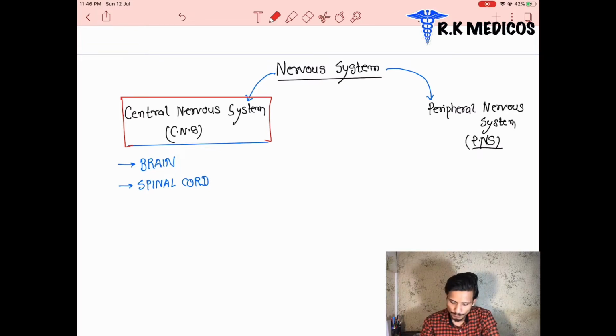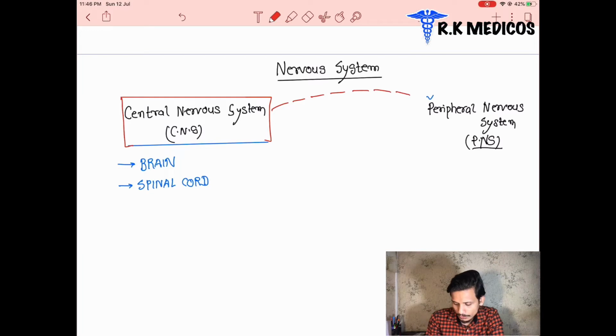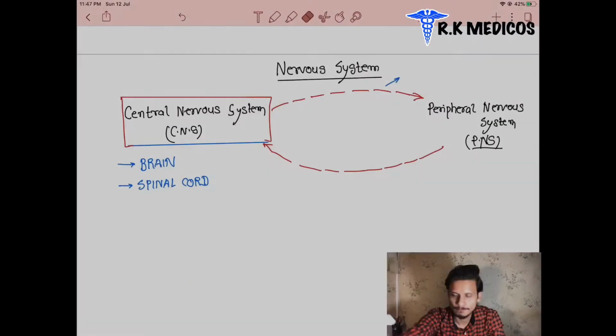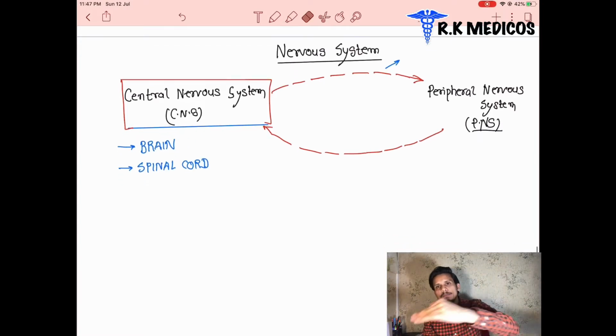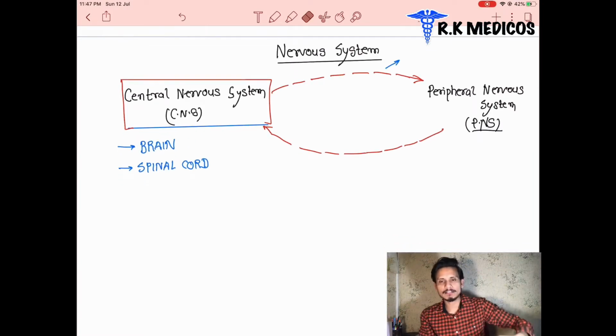The central nervous system sends impulses to the PNS, the peripheral nervous system, and the peripheral nervous system again sends information back to the central nervous system.